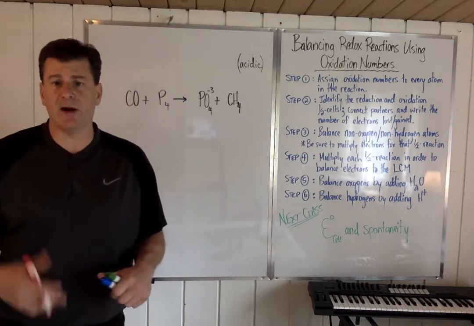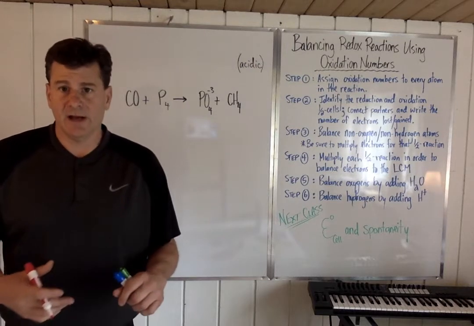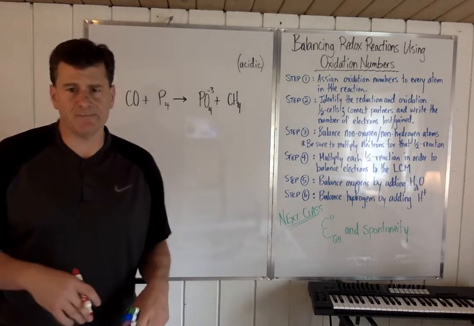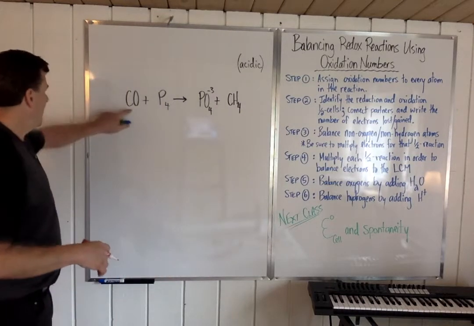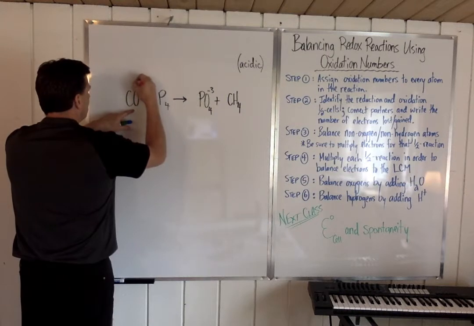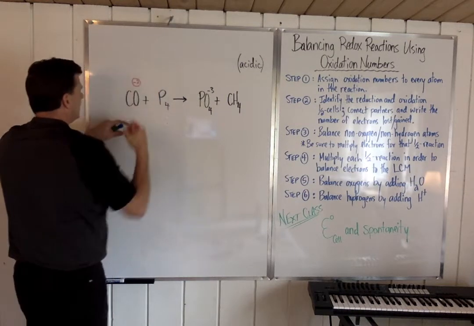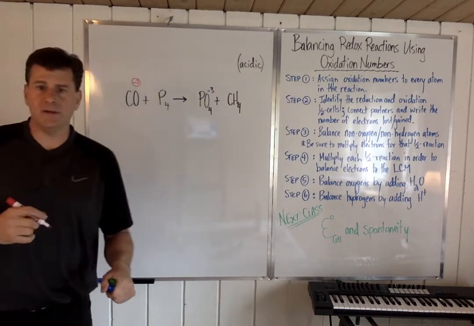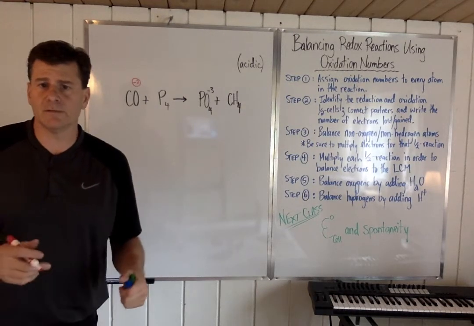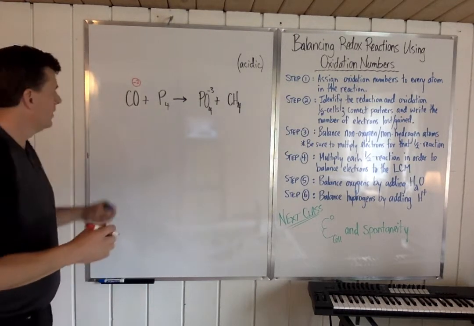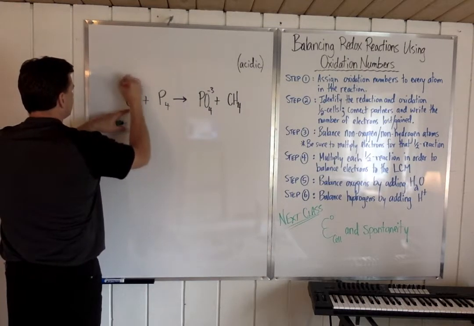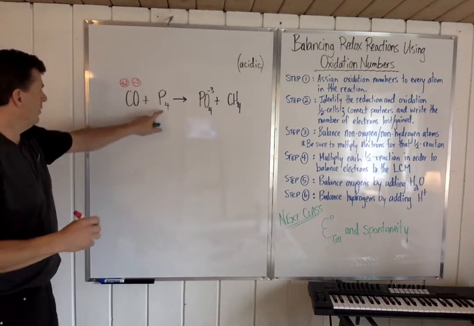I'll say out loud what's going on in my head, but I'm not going to slow down and explain anything. The first one, carbon monoxide: oxygen has higher priority, so I'm going to put a -2. I'll put it in red. I'm not sure if it's super big there, but hopefully it's big enough you can see it. -2 means the carbon has to be +2 for it to come out to neutral.